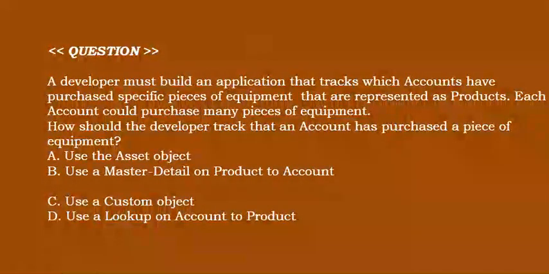Option A, use the asset object. Option B, use a master detail on product to account. Option C, use a custom object. Option D, use a lookup on account to product. Correct answer is option A.